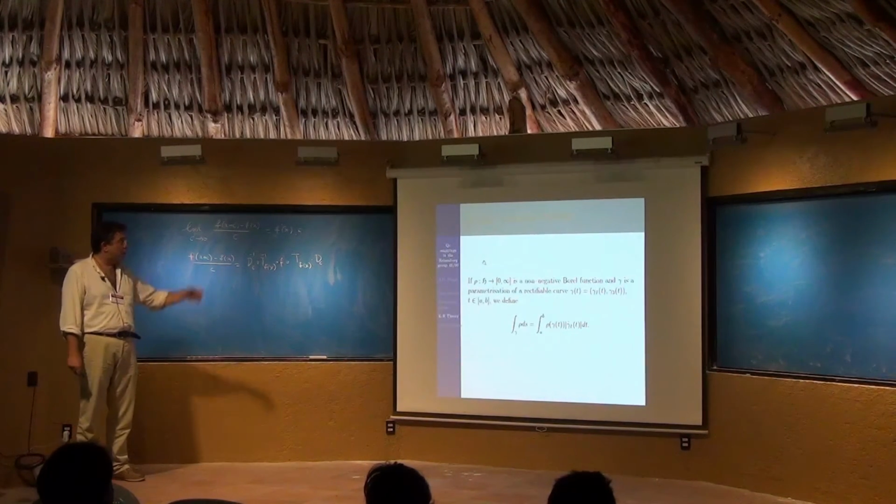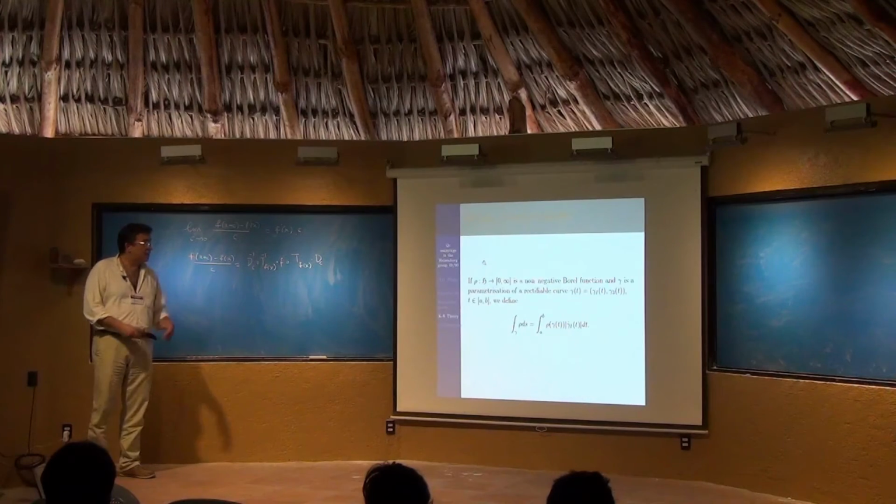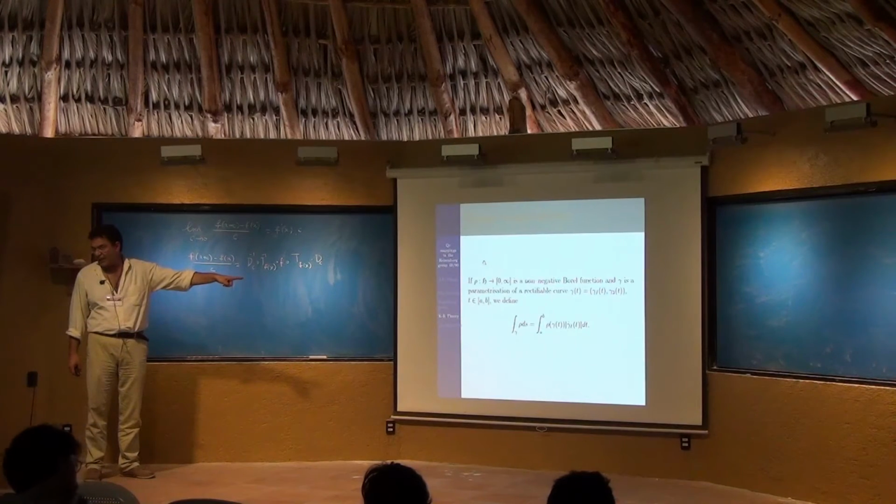So we have a rho, a non-negative Borel function, and a gamma, which is a parameterization of a horizontal curve. Then we can define this line integral, but it's a horizontal line integral, because you see we have a norm with its horizontal length, gamma dot.